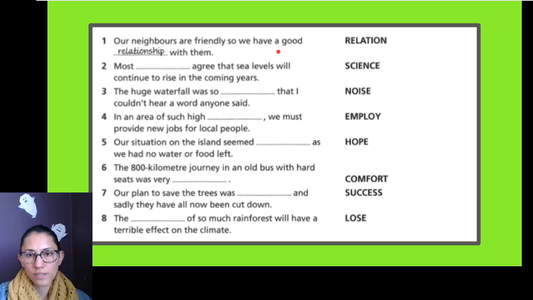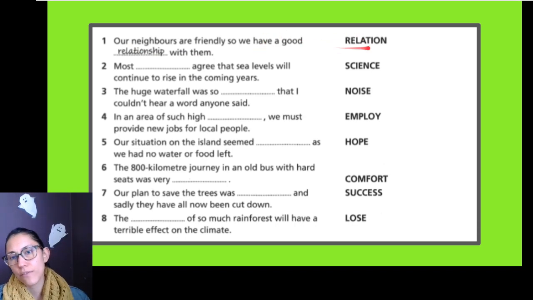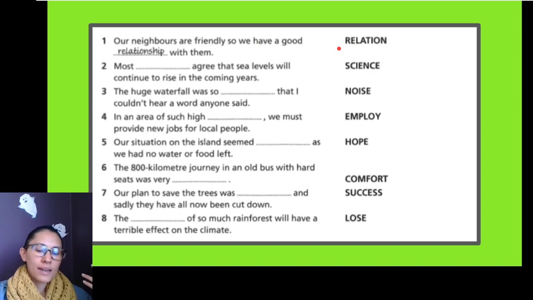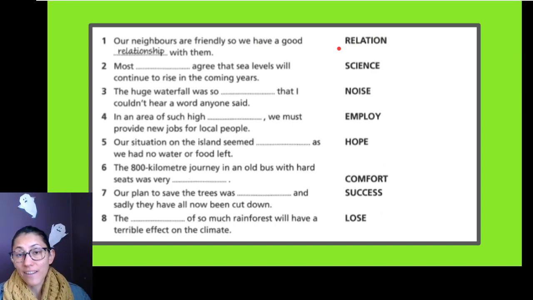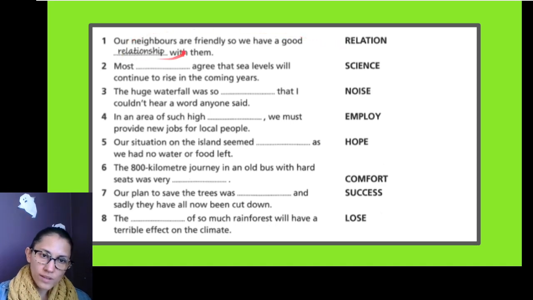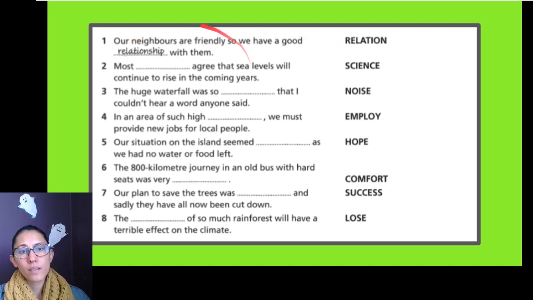A good what? A thing. Because I have the article "a", I need a thing. I need to think about a noun, because nouns are things or people or animals. That's why the answer was relationship. Our neighbors are friendly, so we have a good relationship with them.